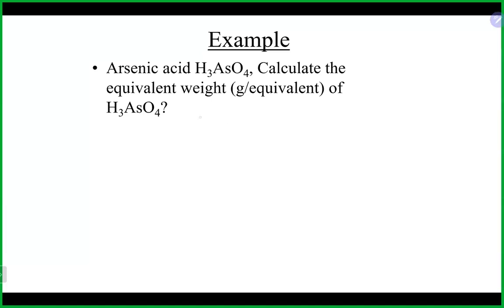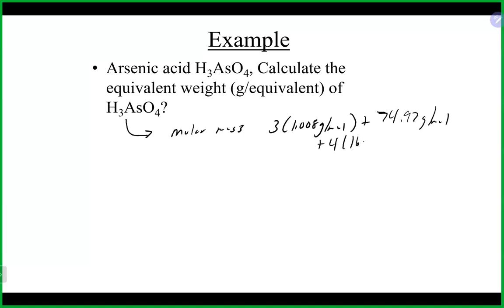So for example, if we wanted to calculate the equivalent weight in grams per equivalent of this acid, we could start with the formula and the molar mass. From the periodic table, that is 3 times 1.008 grams per mole, plus arsenic, 74.92 grams per mole, plus 4 times 16 grams per mole for the oxygen.